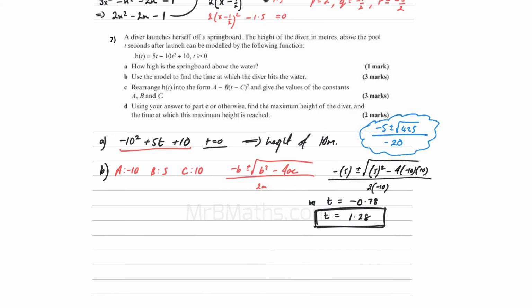C, rearrange it in the form a minus b over bracket t minus c squared. So we're going to need to complete the square here. So if I rewrite it here, we've got our c, so negative 10, and sorry, that should say t up here.